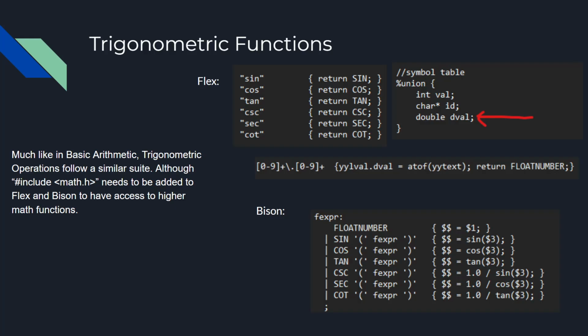And then hence the double dollar sign, which is your total. And then it grabs the sine function from the math header and so on. And then for the cosecant, secant, and cotangent, it's the same thing, but it's just 1 over sine or 1 over cosine or 1 over tangent. But it works the exact same way.